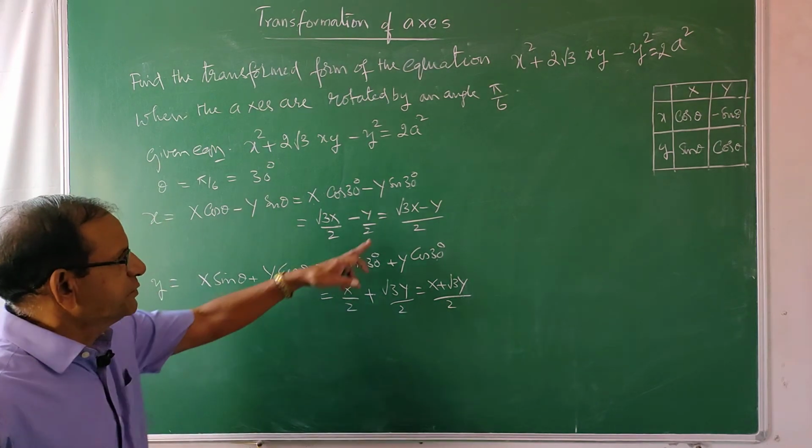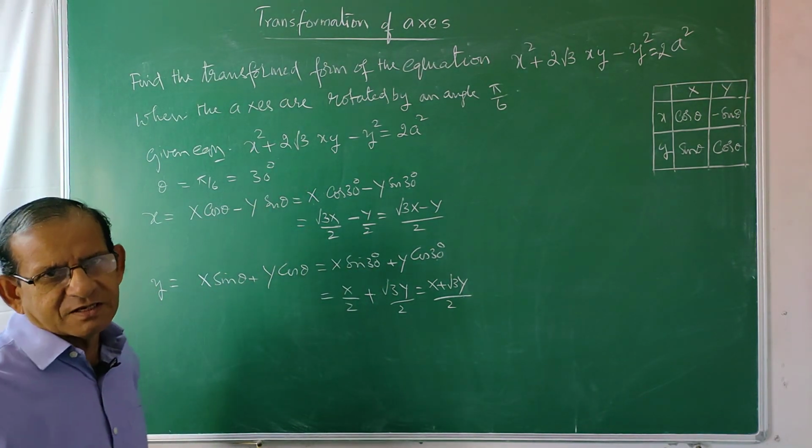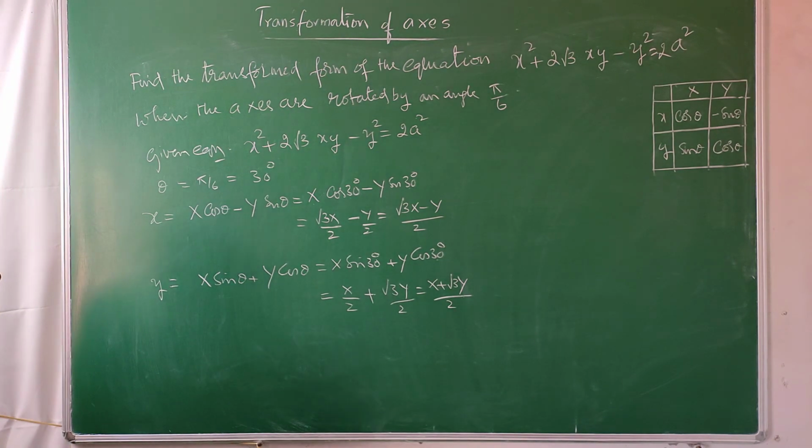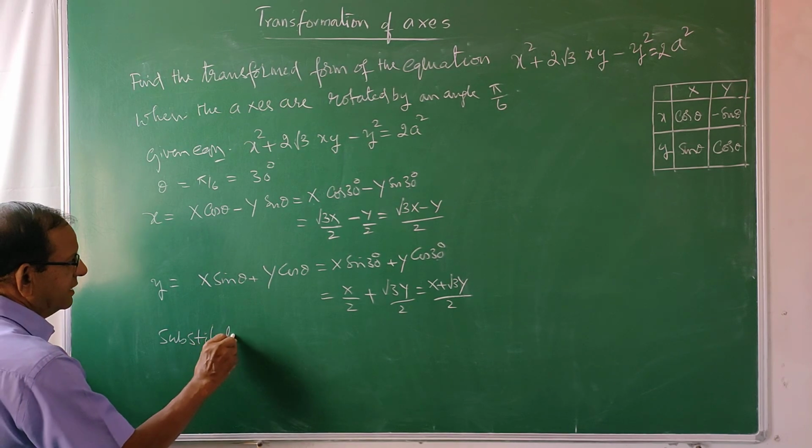Now you have to substitute these two values for small x and small y in the given equation. Then you will get the transformed equation. Substitute in the given equation.